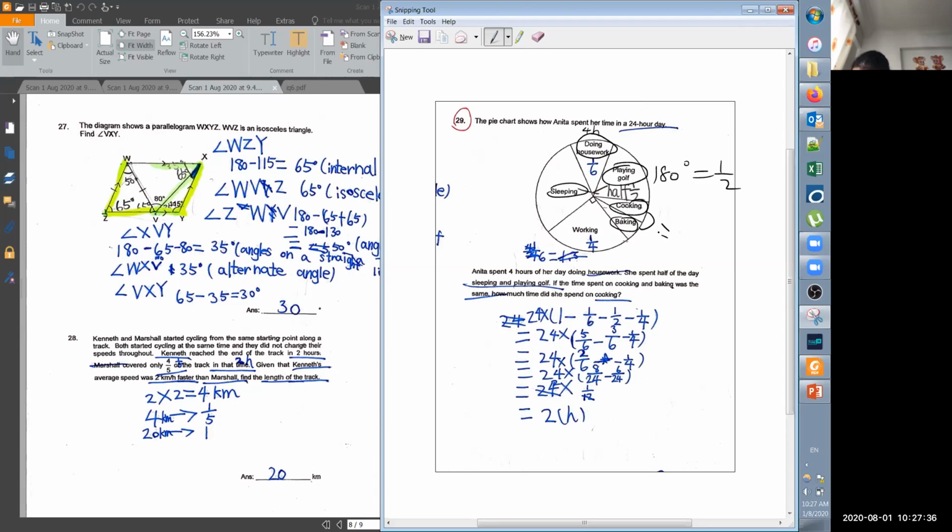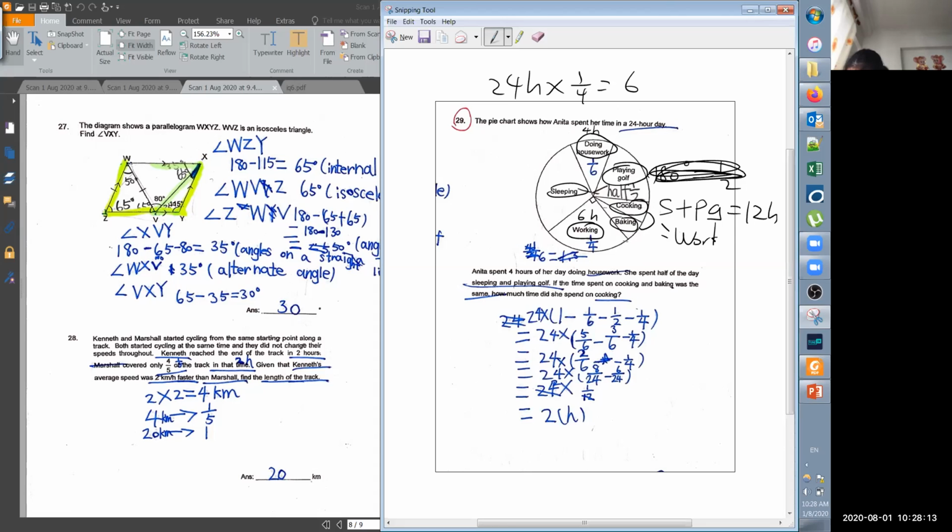Okay. So how much time did she spend on cooking? 24 hours, 1/4, that's 6 hours spent on working, right? And now half of 24 is what? 12, right? So sleeping plus playing golf is 12 hours.